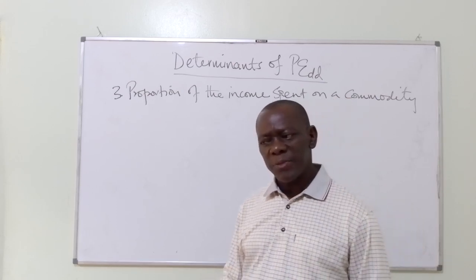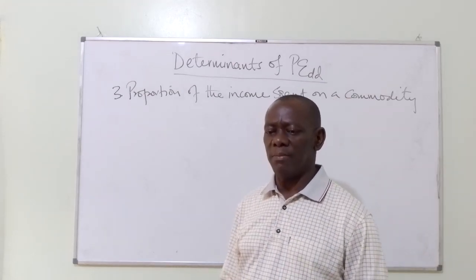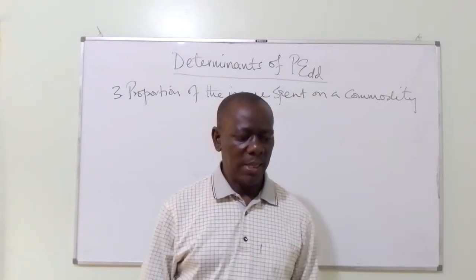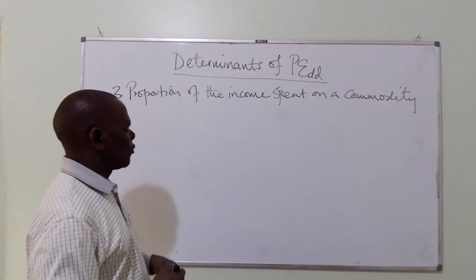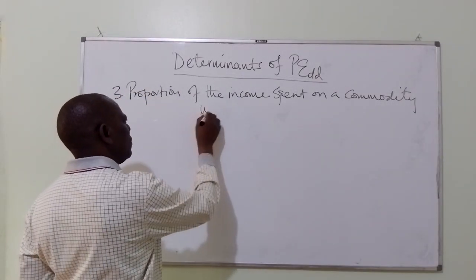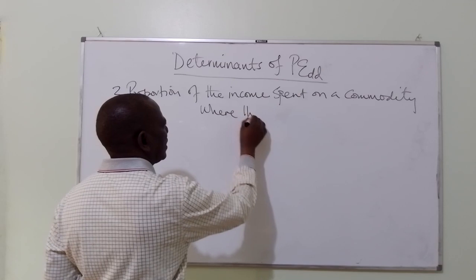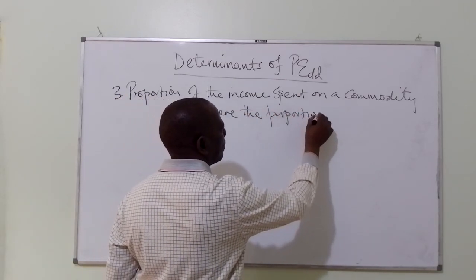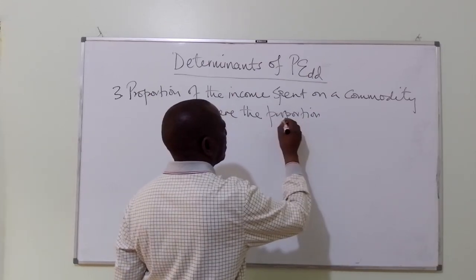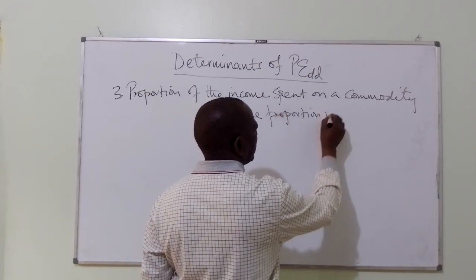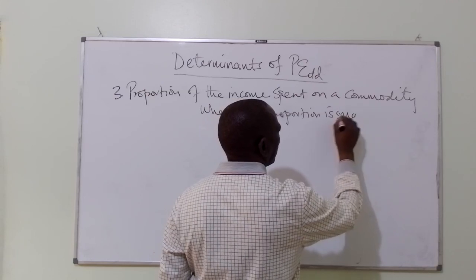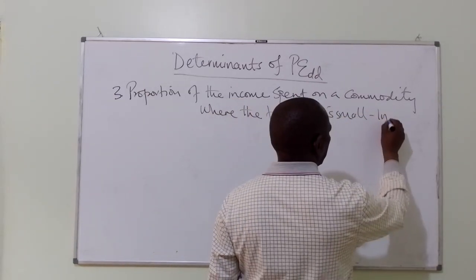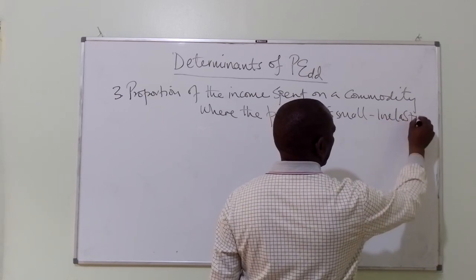And those ones where you spend little money out of your income, they tend to have an inelastic demand. So we say where the proportion is small, we say it is having inelastic demand.